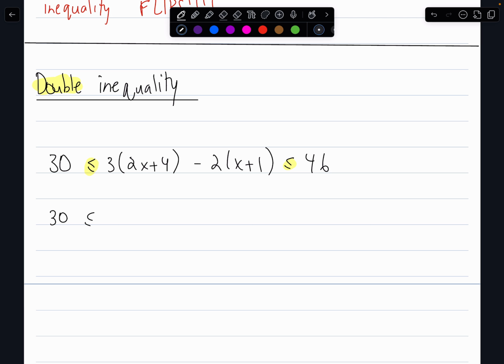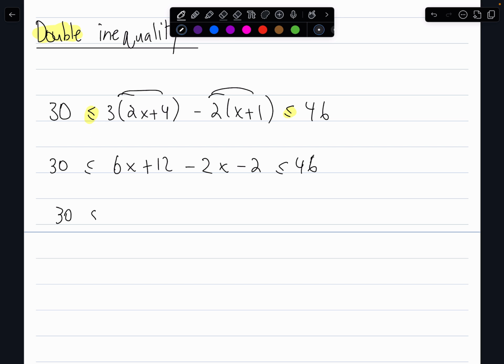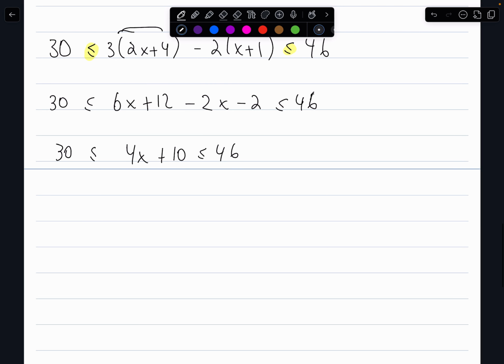So 30 is less than, we're going to expand this out. So we got 6x plus 12 minus 2x minus 2 less than 46. And then we're going to clean up the middle. So we got 6x minus 2x, which is 4x plus 10 less than or equal to 46. And this is how it looks cleaned up.